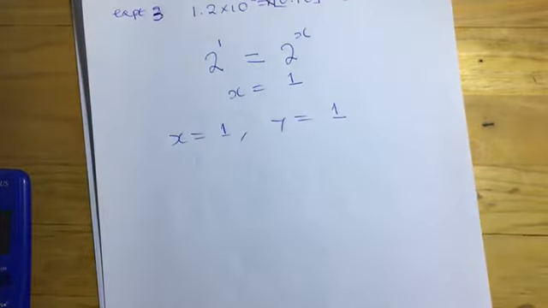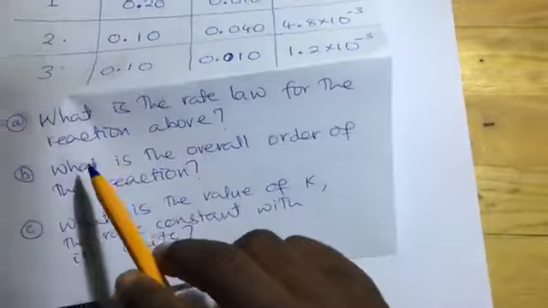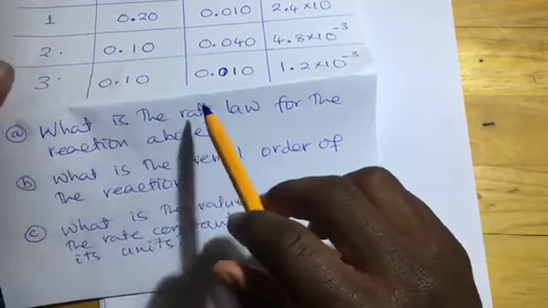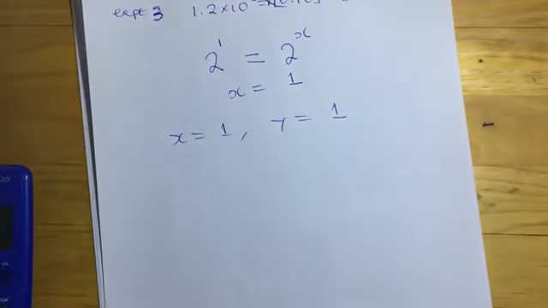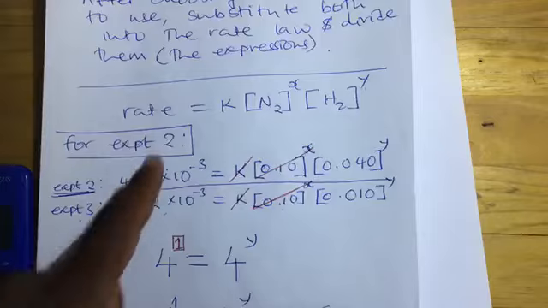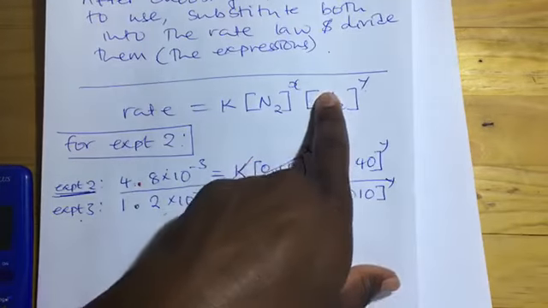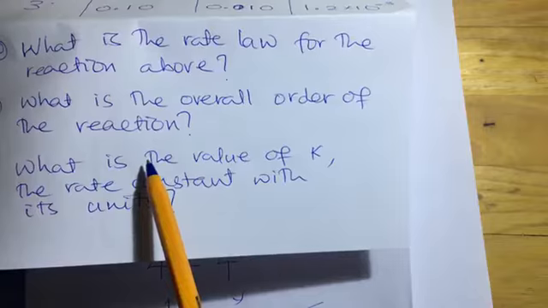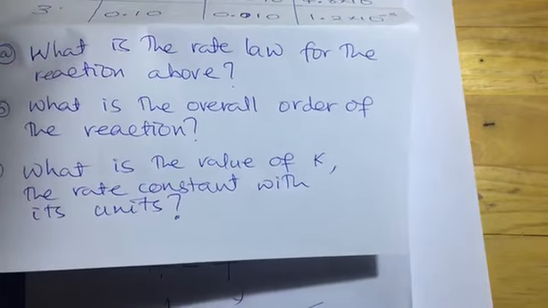The first part of the question was, what is the rate law for the reaction above? Rate law was basically this expression, okay? Then part B, what is the overall order of the reaction? What if the bases come out different?